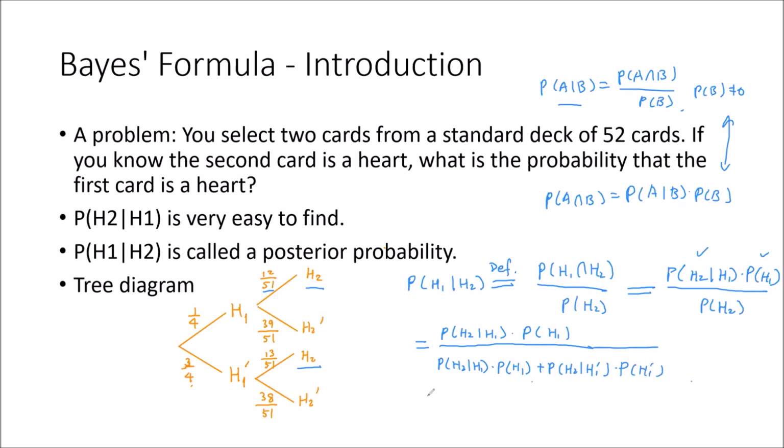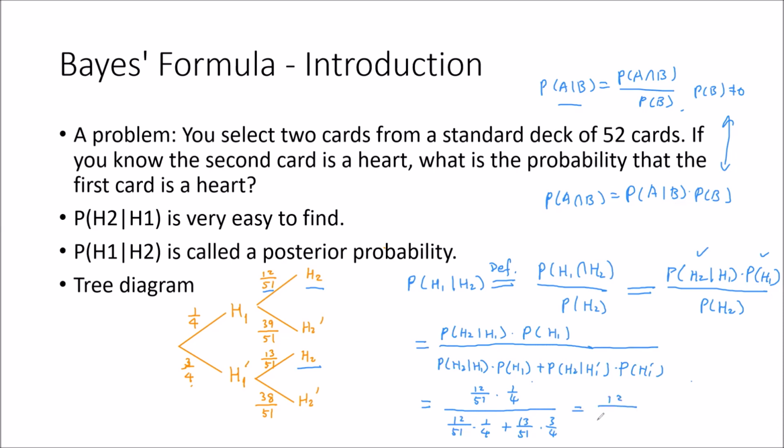So everything is given. H2 given H1, you have 12 out of 51 times 1/4, and then you copy that, and you have the probability of H2 given H1 prime, 13 out of 51 times 3/4. I simplify it. You multiply the numerator and denominator by 4 times 51.